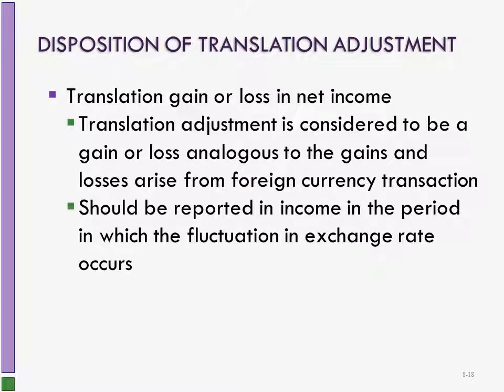Disposition of translation adjustment: translation gain or loss in income and net income. A translation adjustment is considered to be a gain or loss analogous to the gain or loss arising from a foreign currency transaction, and should be reported in income in the period in which the fluctuation in exchange rate occurs.